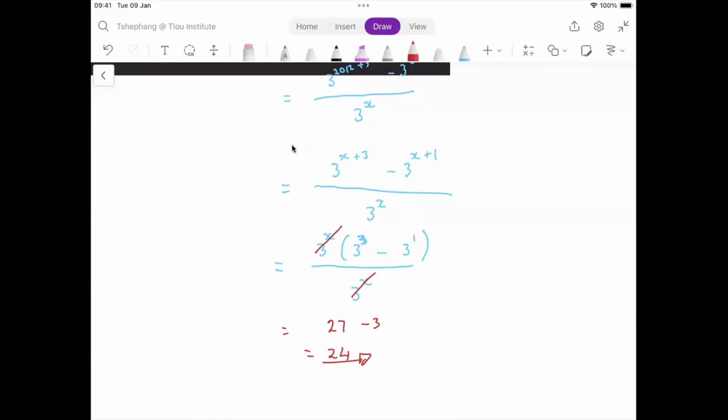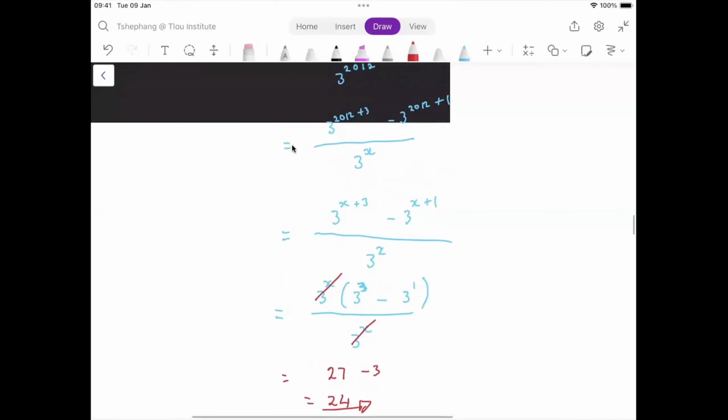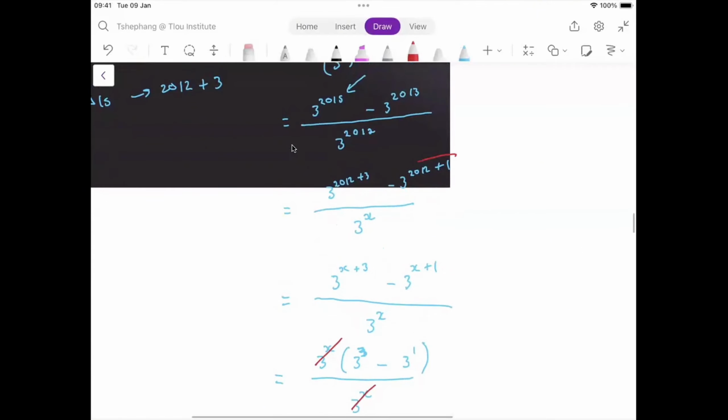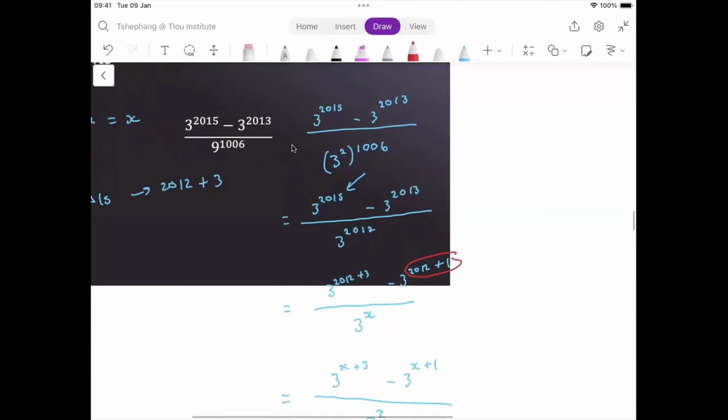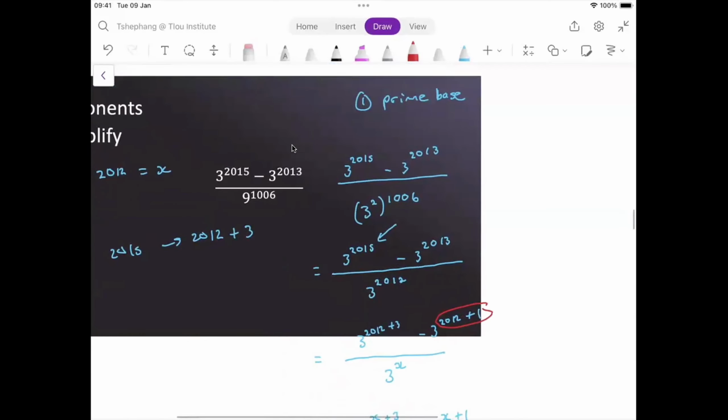There's a question: why plus 1 on the other side? I'm assuming you are talking about this plus 1. Remember where we started? We had 2013, but we said we want the relationship between 2013 and 2012. Isn't it that 2012 plus 1 is the same as 2013?